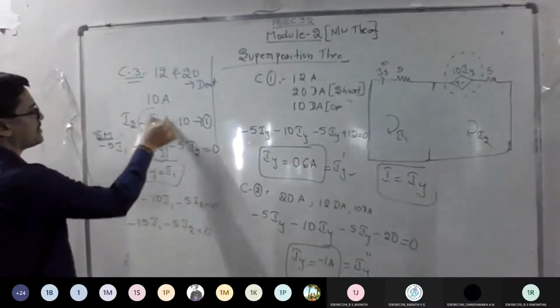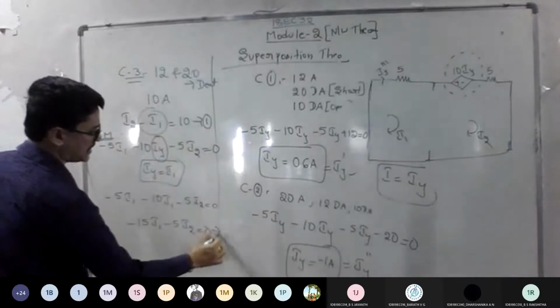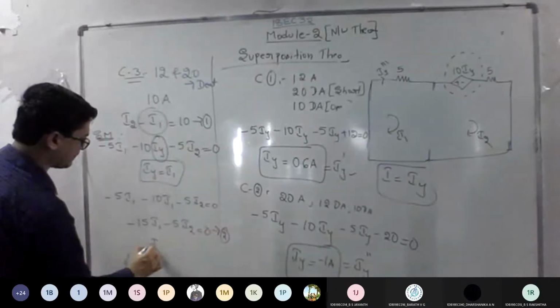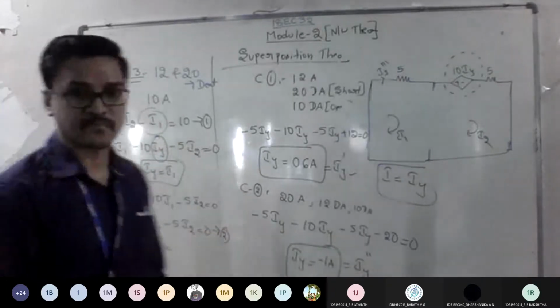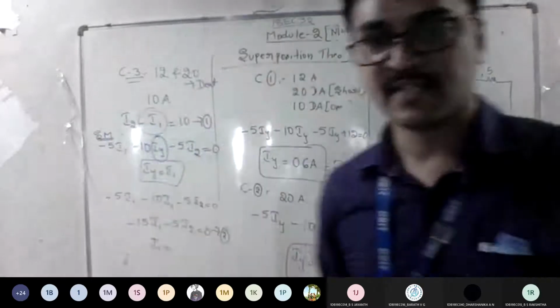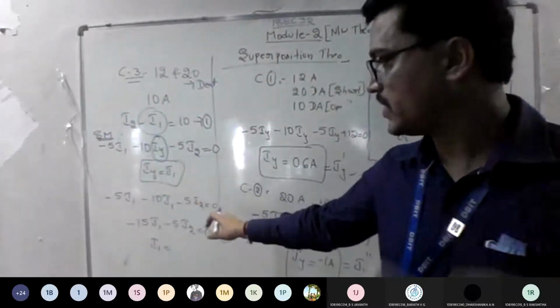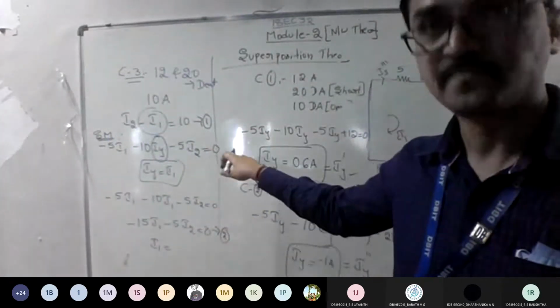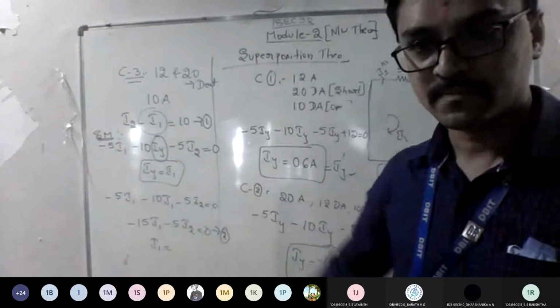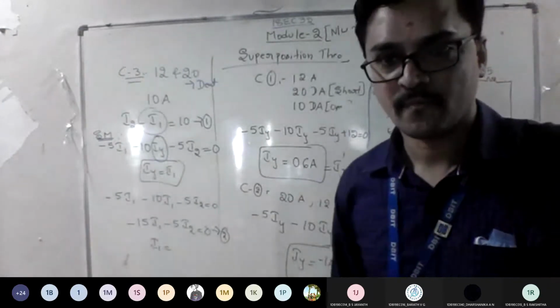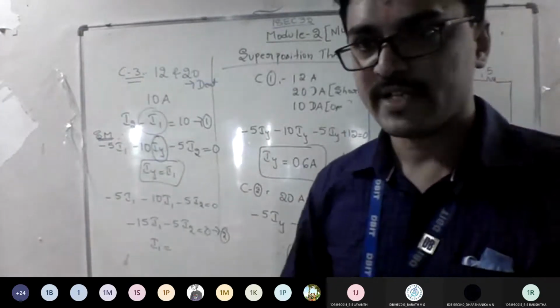So you take minus I1 plus I2 equals 10 as first and this as second. Check out what is the answer for I1 for me. Is it visible what I'm writing here? Everyone? What is the I1 answer?